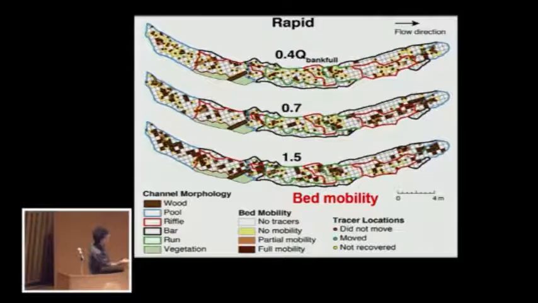Even under the condition of 1.5 bankfull discharge, we still have a lot of the channel experiencing either partial mobility or no mobility. There are cells here with no mobility, as we see. So in this case, even under conditions well beyond bankfull discharge, part of the bed shows either partial mobility or no mobility.